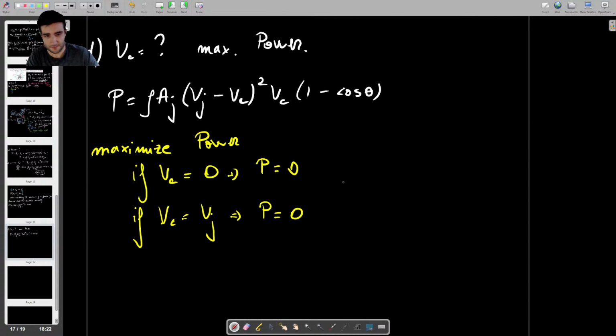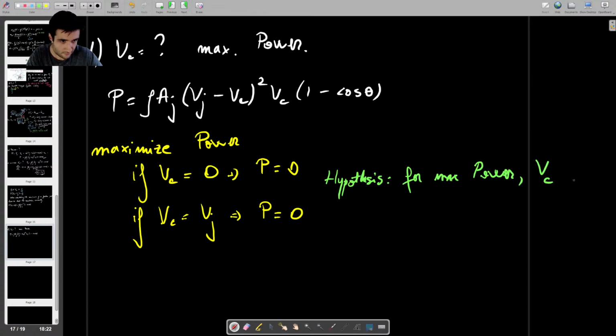So the hypothesis is that for maximum power, the velocity, which I'm going to call Vc star, is going to be somewhere between 0 and Vj, but it's not going to be either of the two ends.